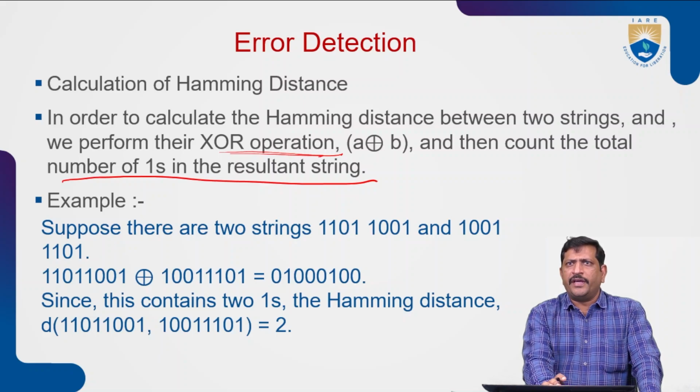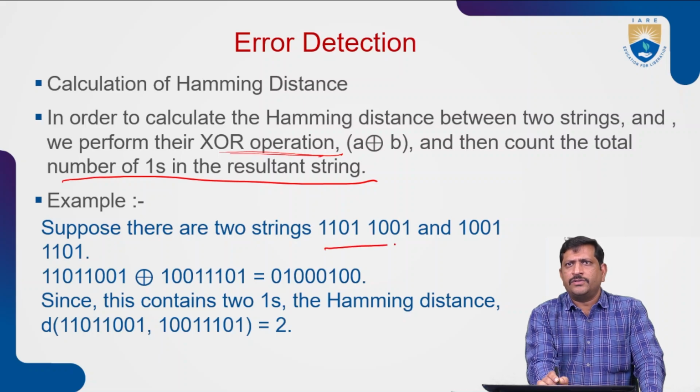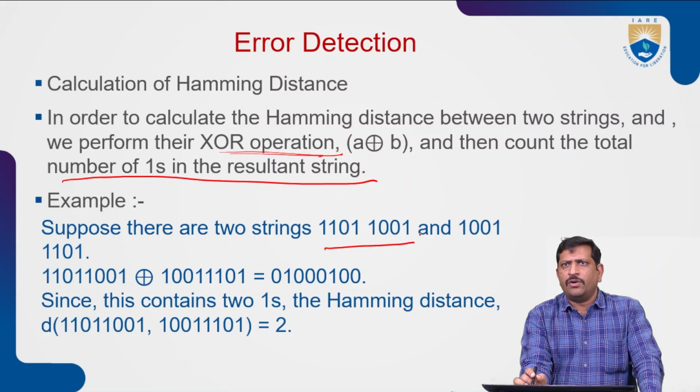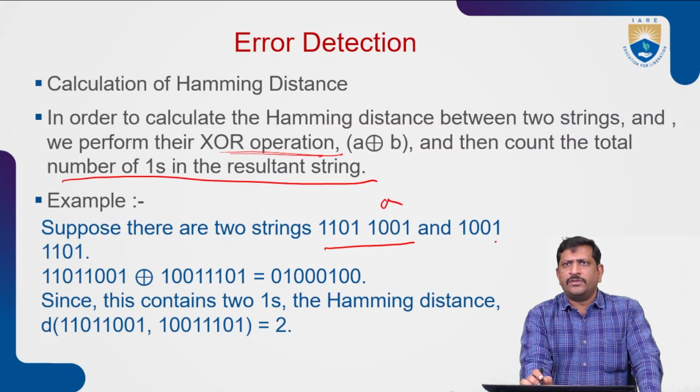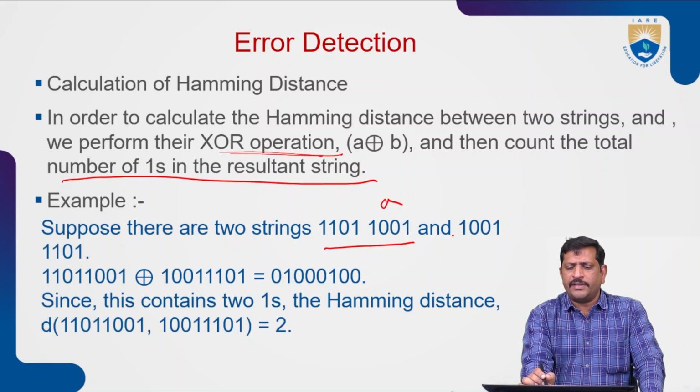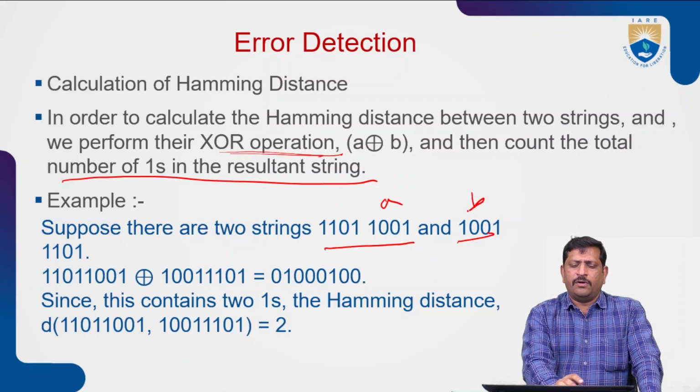Suppose you take the two strings 1 1 0 1 1 0 0 1 as string A, and 1 0 0 1 1 1 0 1 as string B. By performing the XOR operation of these two strings, we get the result 0 1 0 0 0 1 0 0.